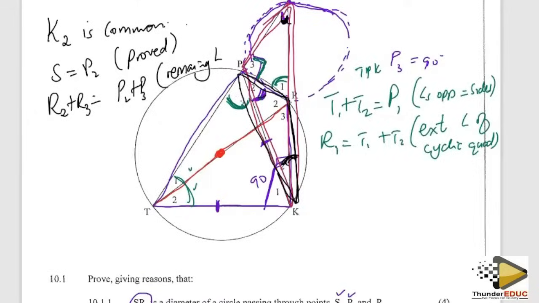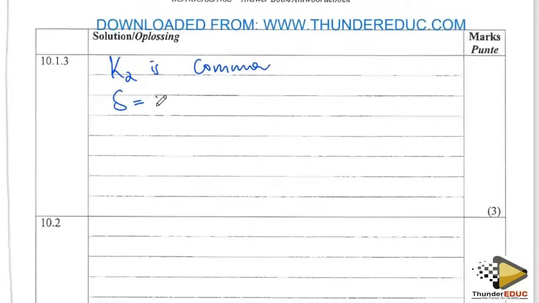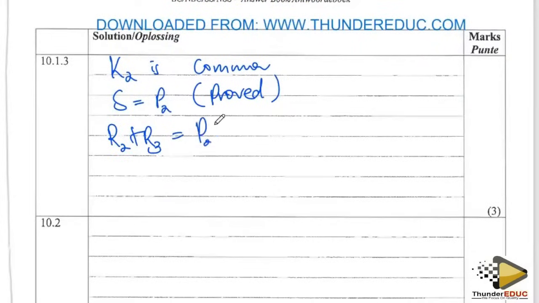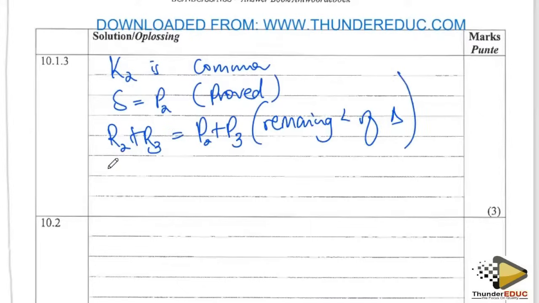Previous question, S is the same as P2. We proved that. And then R2 plus R3 must be the same as P2 plus P3. Reason, that is the remaining angle. Just remaining angle, it's fine.